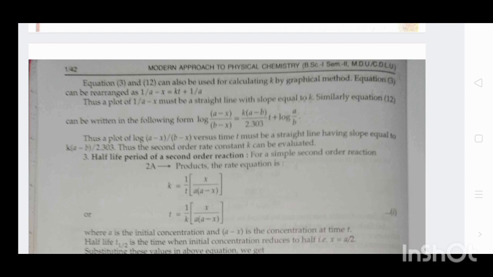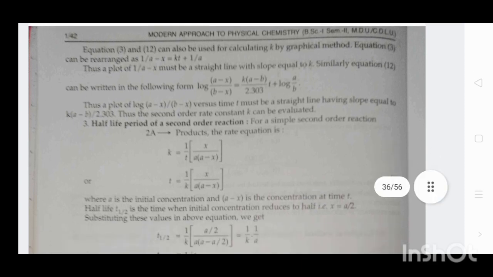Equations 3 and 12 can also be used for calculating k by the graphical method. Equation 3 can be rearranged as 1/(a - x) = kt + 1/a. Thus, a plot of 1/(a - x) must be a straight line with slope equal to k.